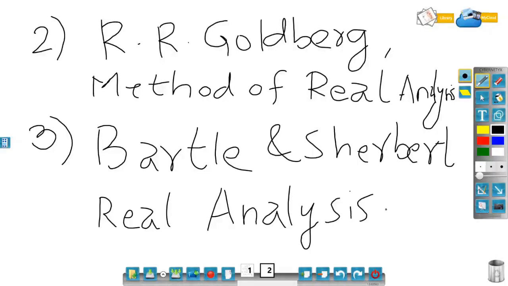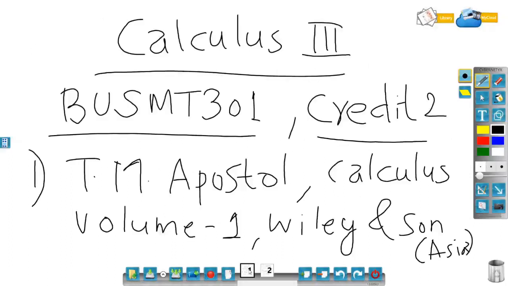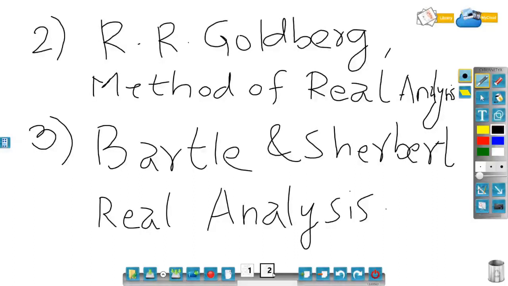But I'll suggest the first book, that is Tom Apostol, Calculus Volume 1. Those who are really interested in taking mathematics in final year can buy even a hard copy online. That's not hard and fast. Those who are interested to buy a book can. I will strongly recommend the Tom Apostol copy.